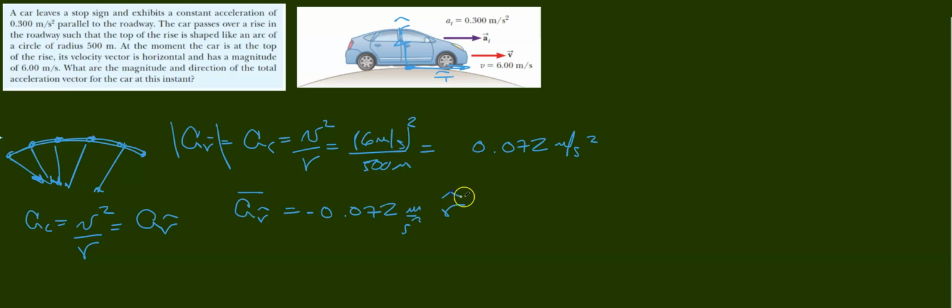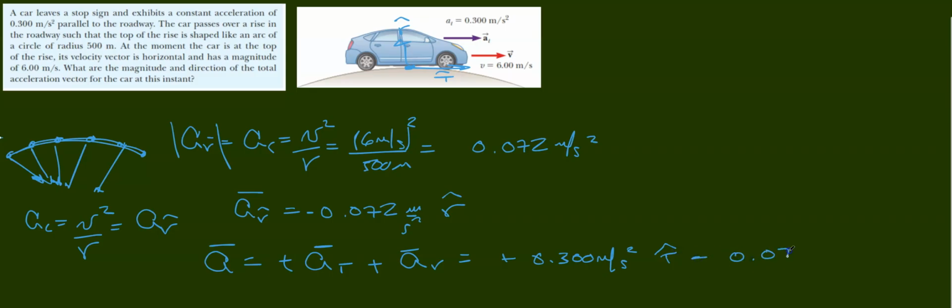So remember, unit vectors help us label things. So the total vector of acceleration will be the tangential plus the radial, right? Or positive 0.300 meters per second squared in t-hat minus 0.072 meters per second squared in r-hat.